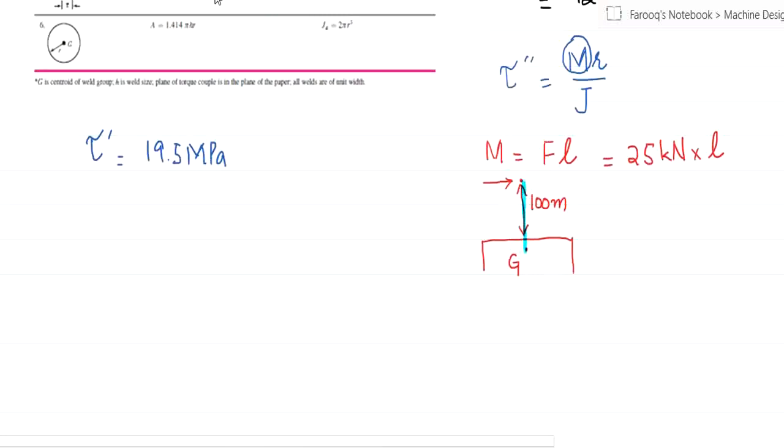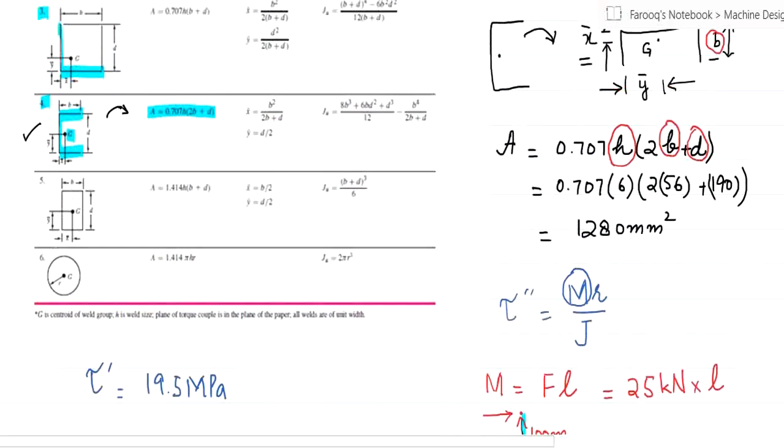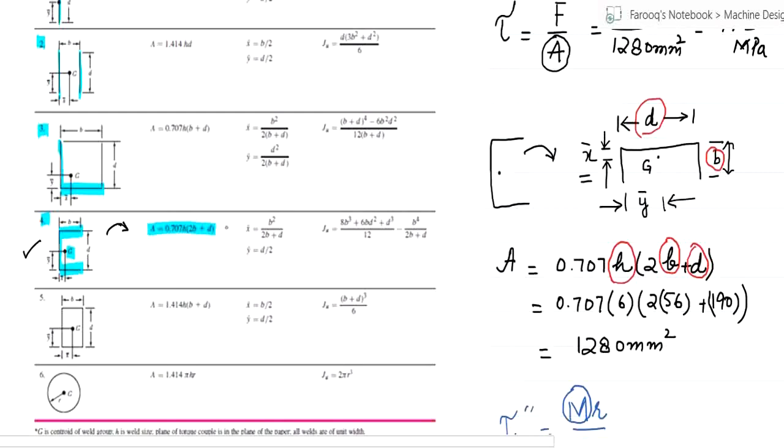So we also need to find the distance between the upper surface and the centroid of the weld, which from table 9-1 we know is x bar, and the formula for x bar is equal to b square over 2b plus d.